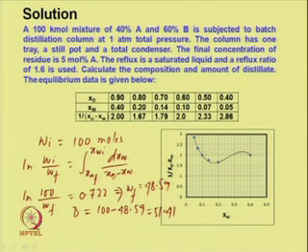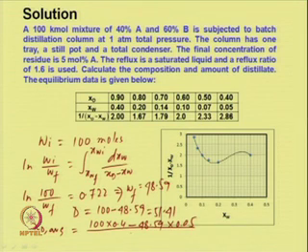The average concentration x d average would be 100 into 0.4 minus 48.59 multiplied by 0.05, divided by 51.41, which would be around 0.731. That means 73.1% is the distillate composition.